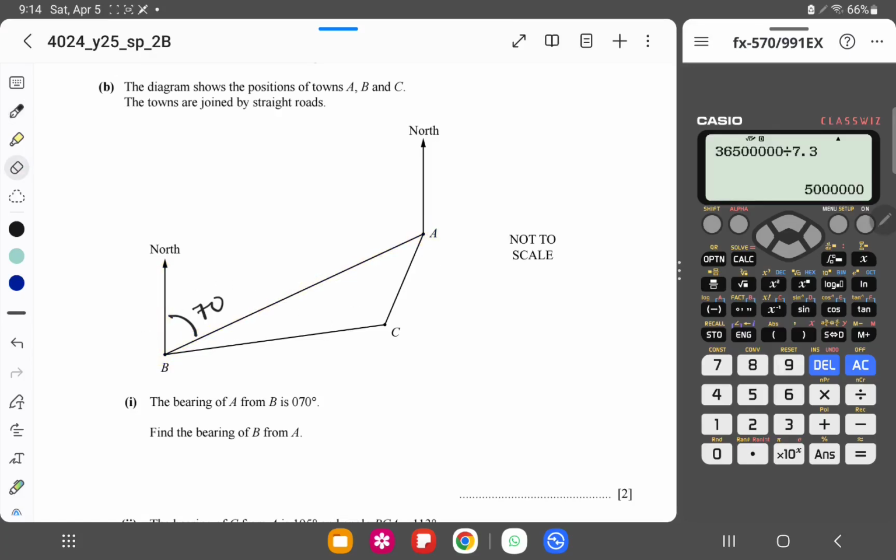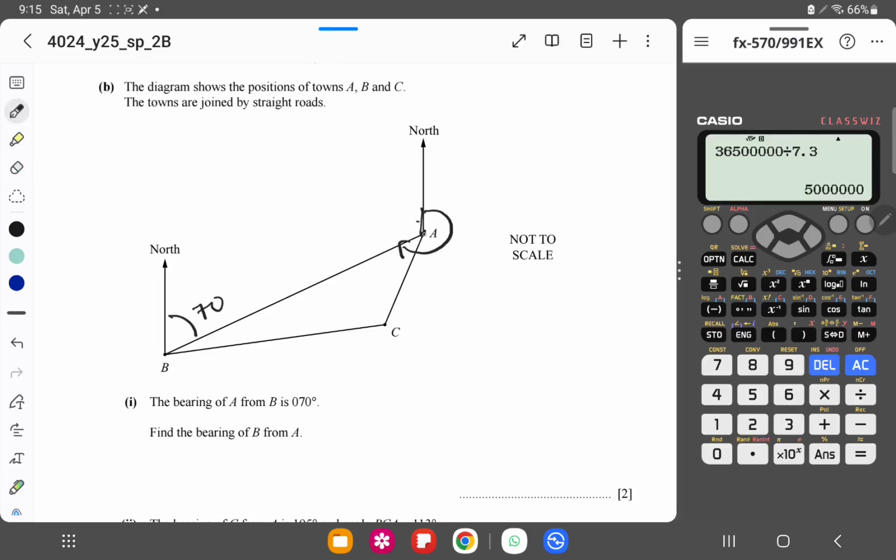Now they are asking us to find the bearing of B from A. So we start from A and end at B. You can find it by co-interior angles. Also you can solve it by finding 110 and then subtracting from 360 degrees, or you can do it by alternate angles.